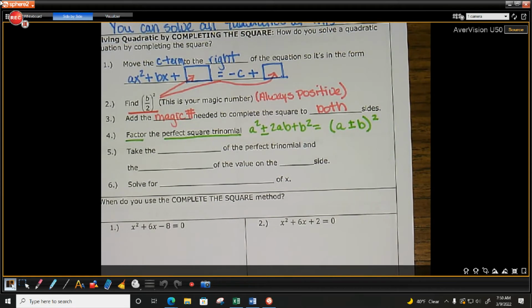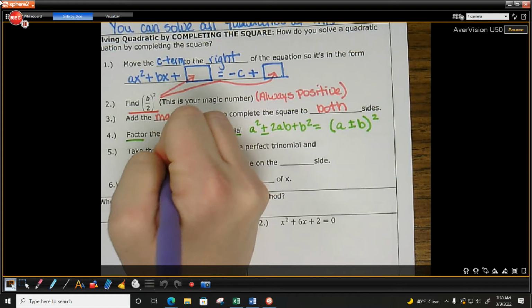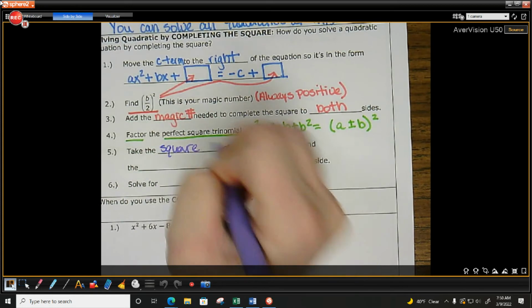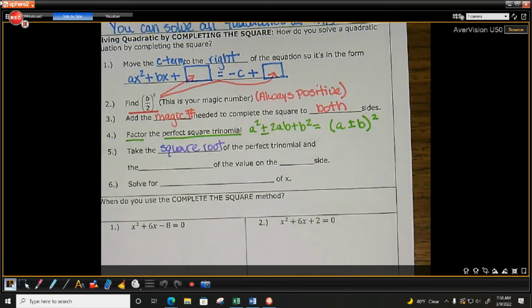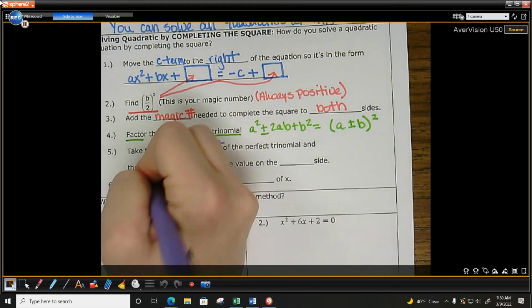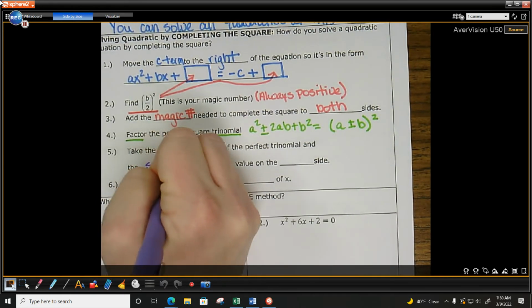After we do that, we're going to take the square root of both sides: the square root of the perfect trinomial, and the square root of the value on the right side.